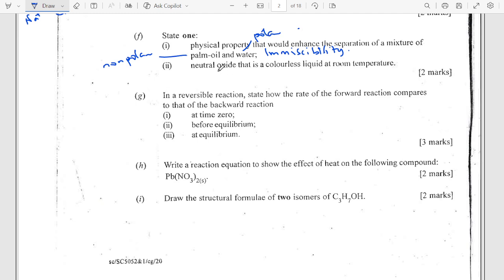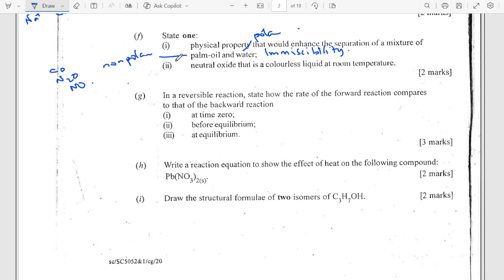Now this one says, state one neutral oxide that is a colorless liquid at room temperature. Okay, an oxide that is a liquid. We have carbon 2 oxide, we have nitrogen 1 oxide, that is a neutral oxide. You have nitrogen 2 oxide, that is a neutral oxide. I don't know which one is a liquid.